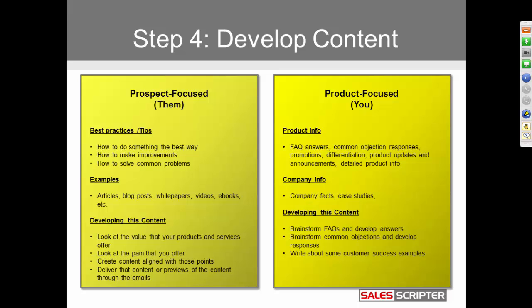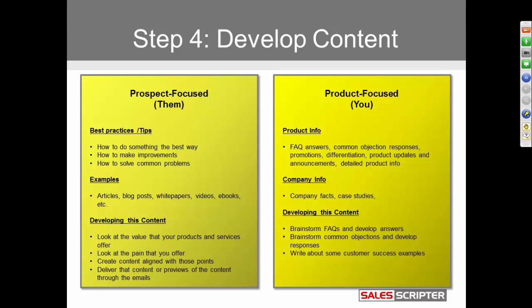But those are two categories, and what you want to do is start creating content in those two categories. You might be bored with hearing about this topic, and I'm pretty sure you're not getting excited about this step because it's really difficult, but it's critical to email drip marketing.